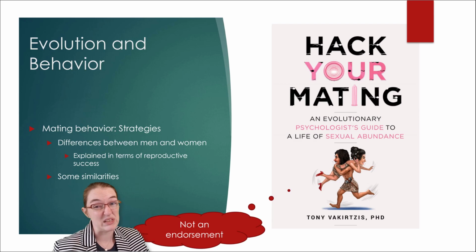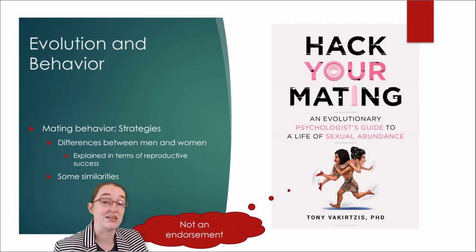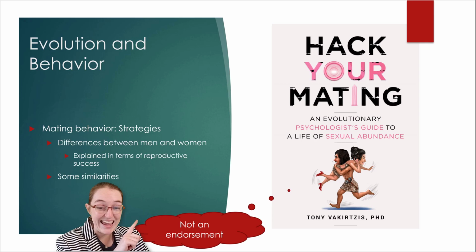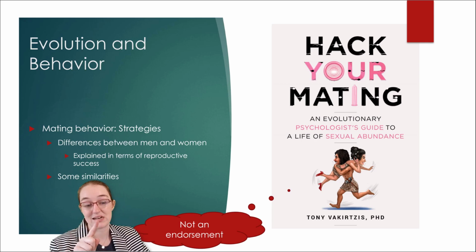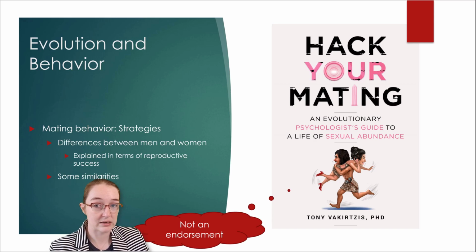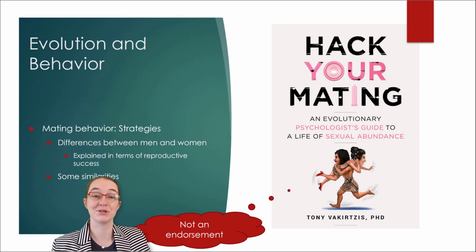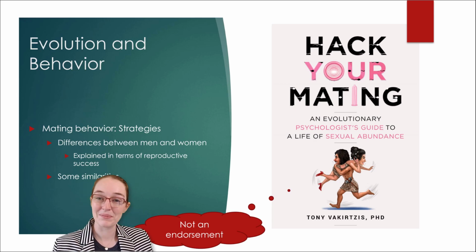So what does it mean to be reproductively successful? For men, that means having as many kids as possible, having a ton and not wasting time taking care of children who aren't theirs. So no cuckolding, like oopsie daisy, or non-paternity events is what they call them.